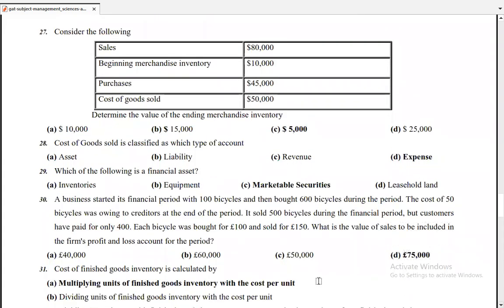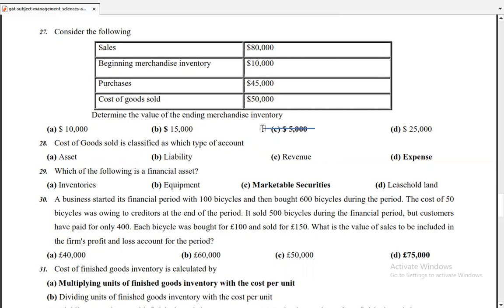Consider the following. Sales is 80,000, beginning merchandise inventory is 10,000, purchases is 45,000, and cost of goods sold is 50,000. So we can determine the value of ending merchandise inventory. It is 5,000.